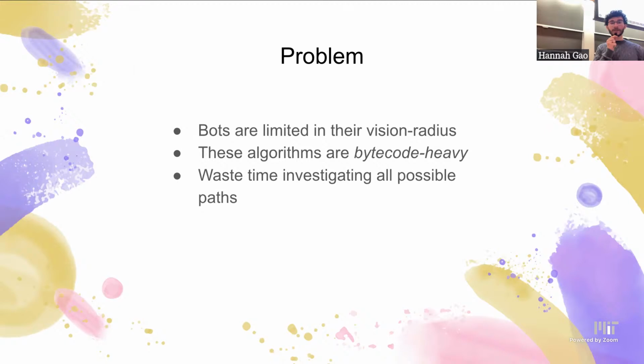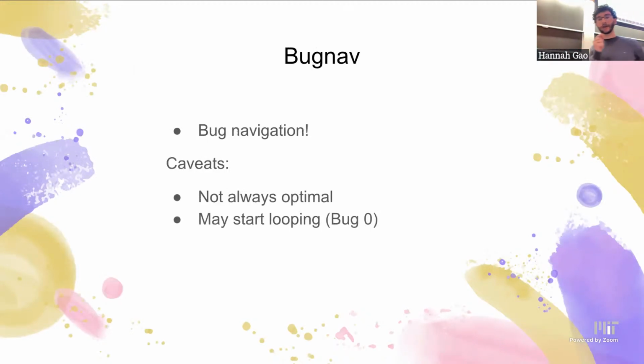Because our bots have limited vision range, the BFS would have to calculate the whole path in our vision radius. They're also bytecode heavy, so the amount of turns it would take to calculate the pathfinding algorithm would be longer than it would take to just move randomly and get to the location. So we would be wasting time analyzing all our paths. So we're going to introduce a more efficient algorithm.